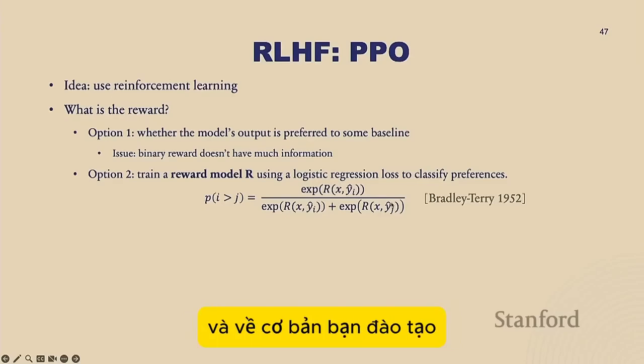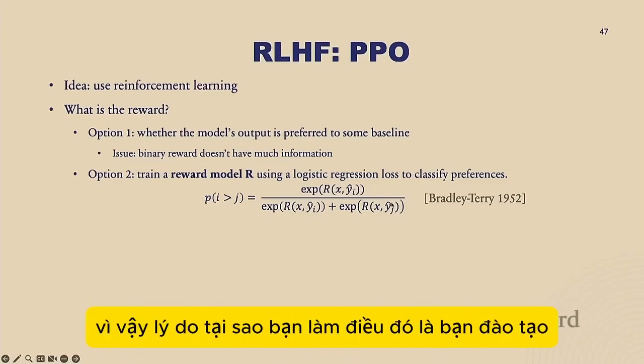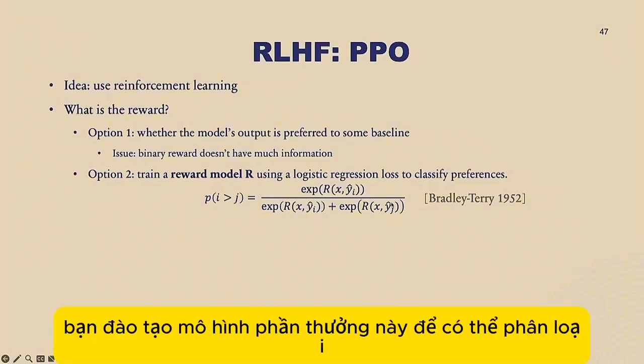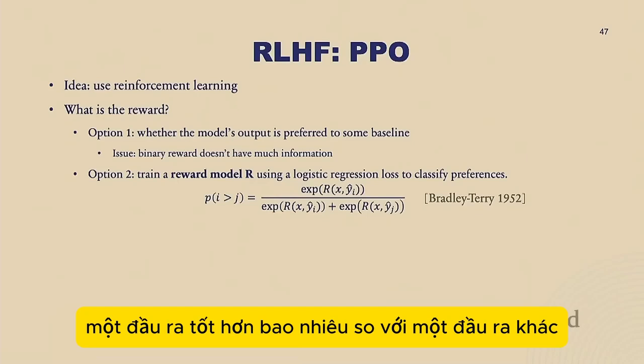The reason why you do that is that you train this reward model to be able to classify how much better one output is than another one.